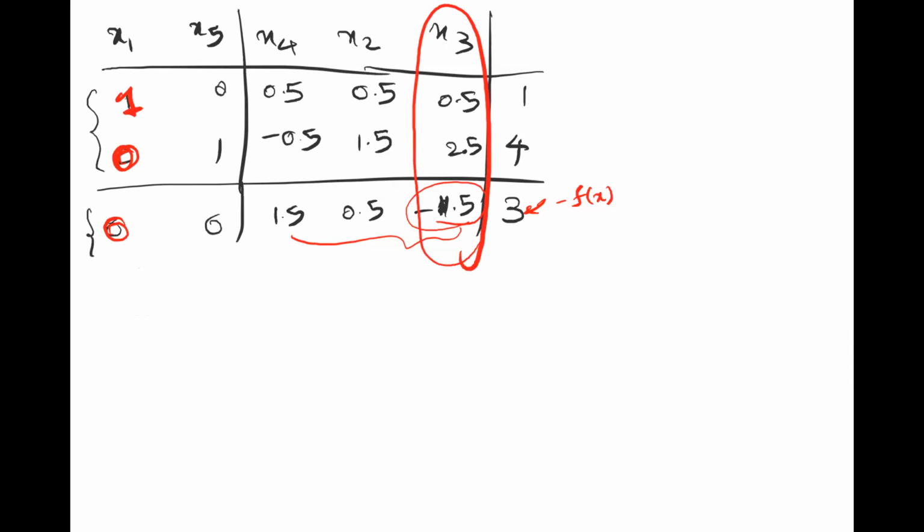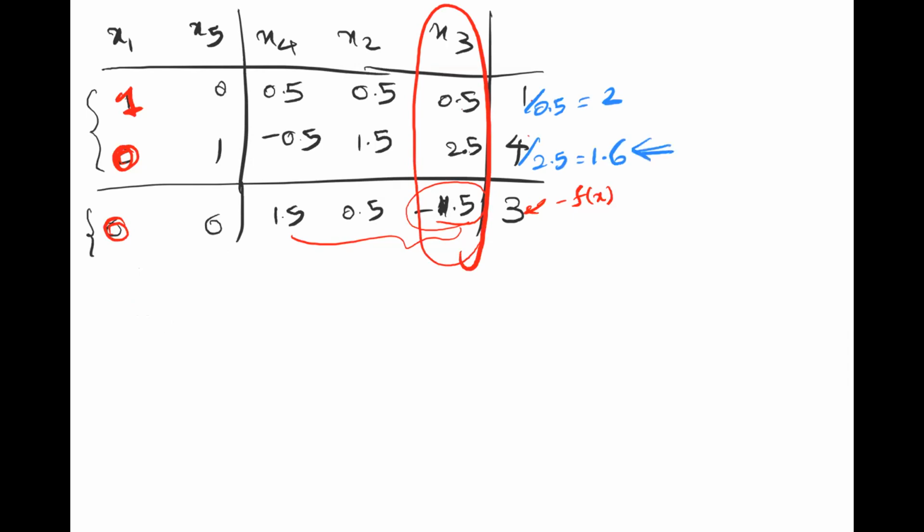But how about the row? We have to divide 1 and 4 by these two values. So 1 divided by 0.5 is 2, and 4 divided by 2.5 is 1.6. So we have to choose the smallest positive value.